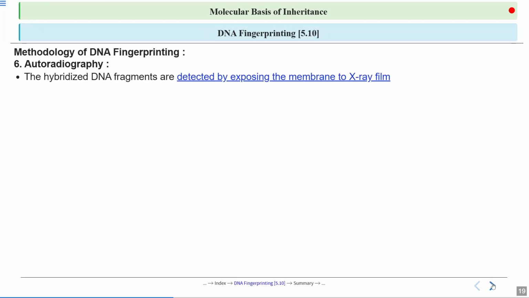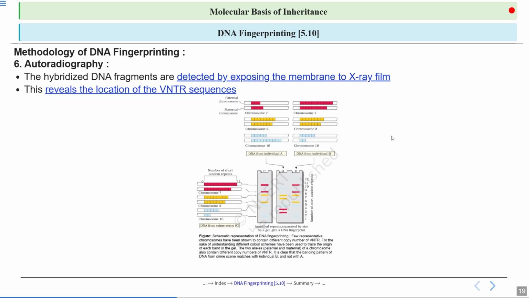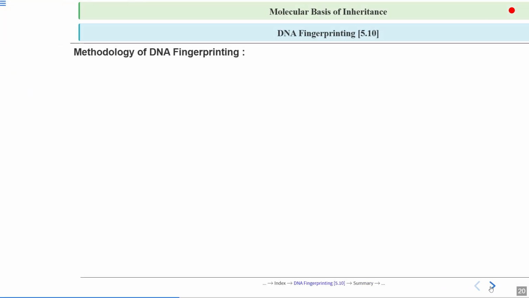What do they do after hybridization? The hybridized DNA fragments are detected by exposing the membrane to X-ray. This reveals the location of the VNTR sequence. So how do we visualize this? We use autoradiography, in which the hybridized DNA fragments are detected by exposing the membrane to X-ray film, and this reveals the location of the VNTR sequence.